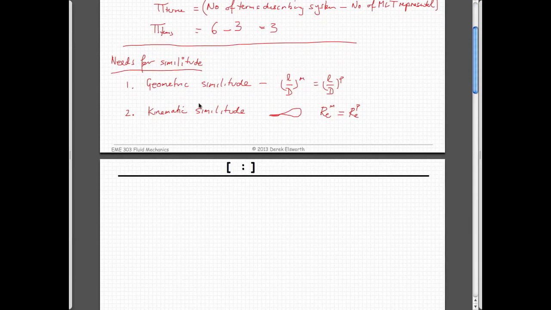Then the third one is, if you have a scale model and you run it at the same velocity, by definition you'll remember that Reynolds number is a velocity, a density, a length scale, and a viscosity. So it's the ratio of what? Inertial forces to viscous forces.